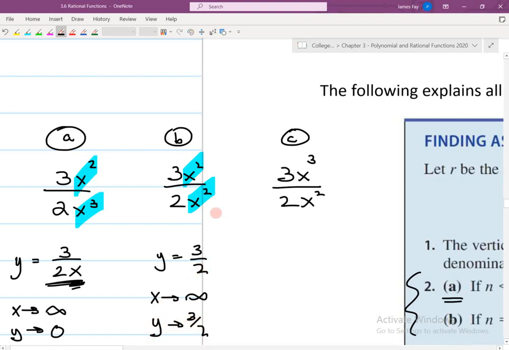So that's the situation we started with yesterday: if your exponents are the same, then you just compare your leading coefficients through division, and that's your horizontal asymptote.